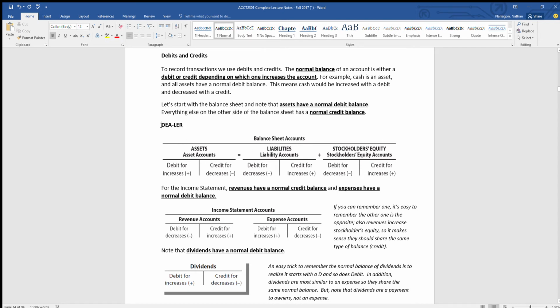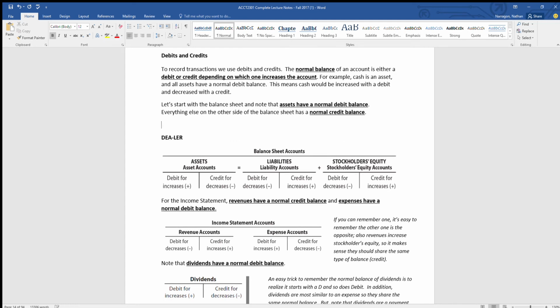So again, this is debit, and this would be credit. Notice that DEA is on the left side of the T-chart, and credit is on the right side, LER. That's another way to figure it out as you go. Good way to help you out on that.